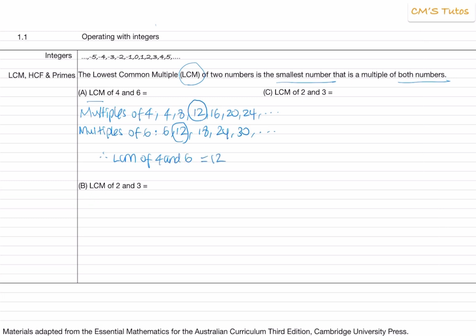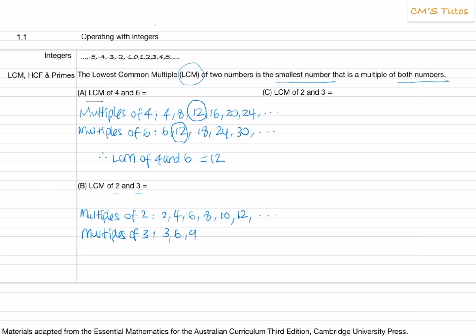Now let's solve another example. We can do the same method. Multiples of 2: you can list 2, 4, 6, 8, 10, 12. The list goes on. We can also look at multiples of 3: 3, 6, 9.